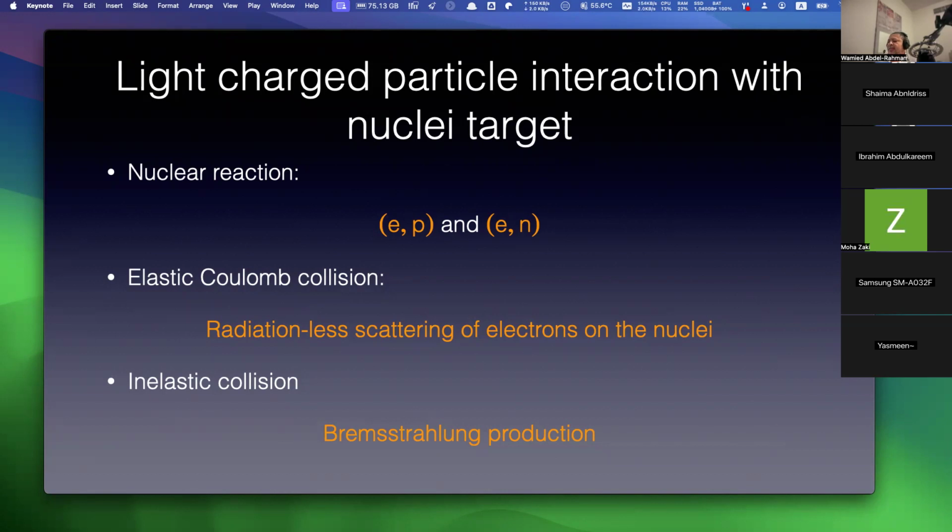This is called an inelastic collision because essentially the final energy of the electron or the light charged particle, and when I say electron, it could also apply to positrons, by the way, the final energy of the light charged particle is not going to equal the initial energy of the light charged particle. That energy difference is going to be emitted in the form of bremsstrahlung radiation.